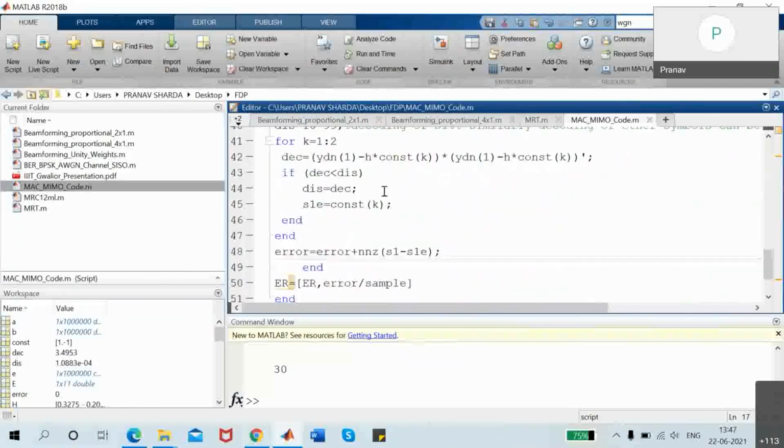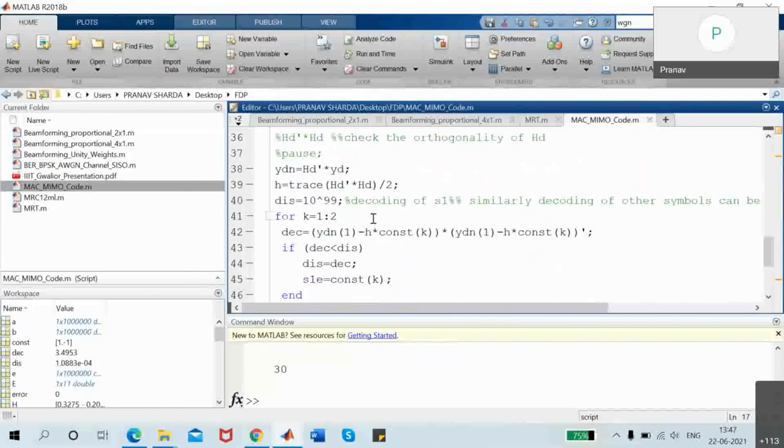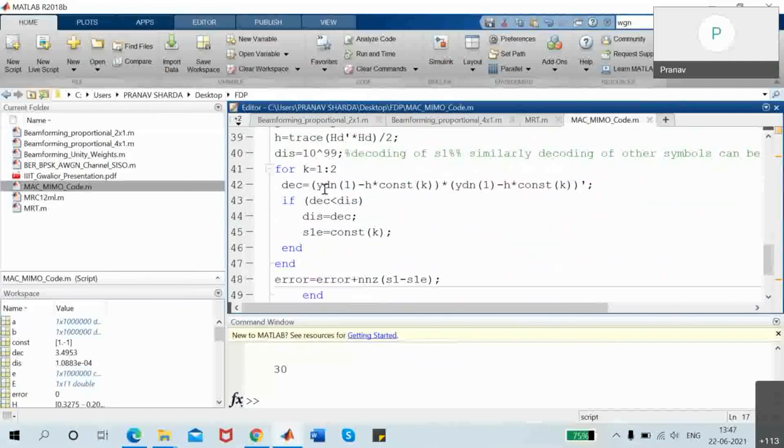You can see we have the received signal we have written. Firstly, we take the symbol S1. For illustration purposes, we have shown here the decoding corresponding to the symbol S1. And similarly, the decoding of other symbols can be done, right?